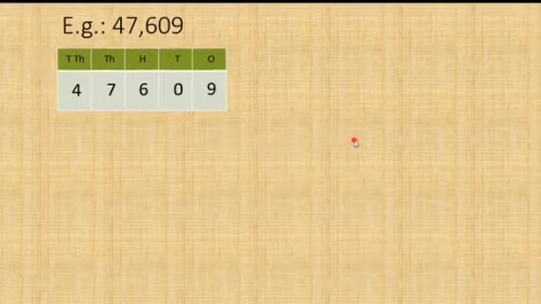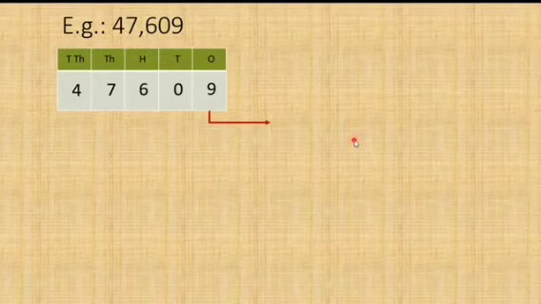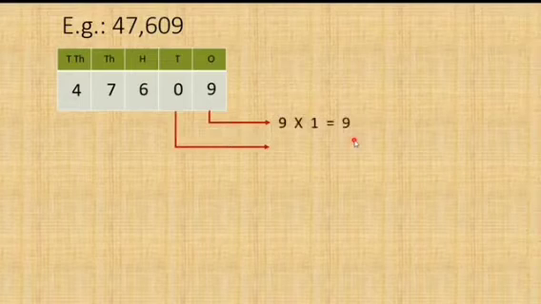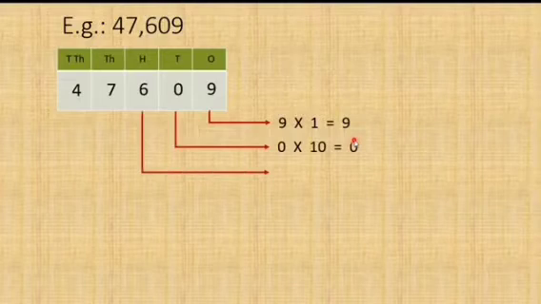Take this example, 47,609. Now again draw a place value chart, fill in all the numbers. Now calculating the place values of each digit. 9 gets the value of 9. 9 multiplied by 1 is equal to 9. 0 multiplied by 10 is equal to 0.